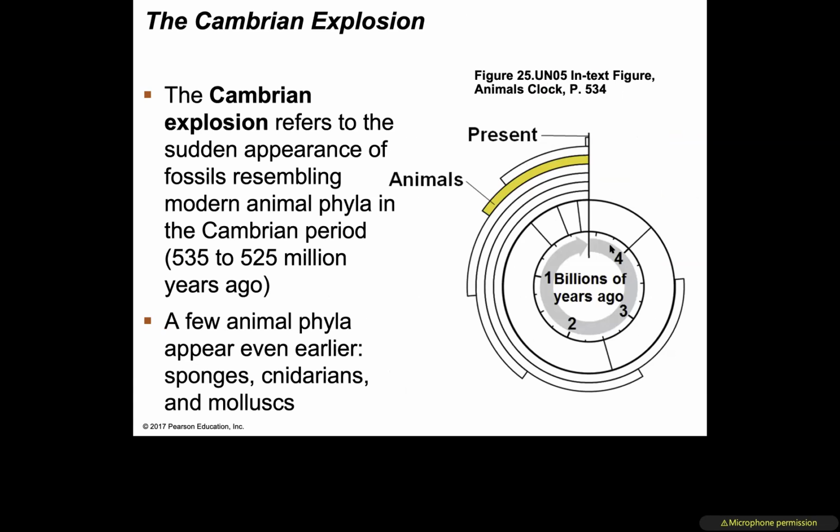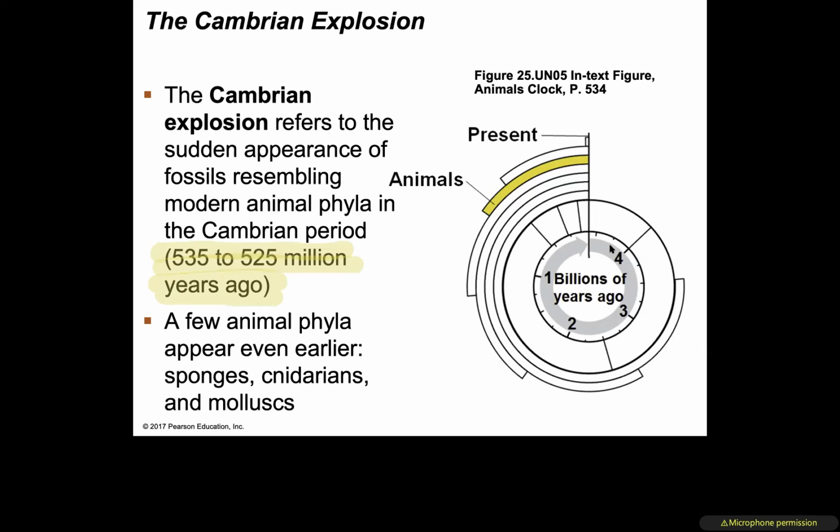Okay, so I just showed you the period of time, but I did not give you the years. So now I'm going to give you those years that are important to know: 535 to 525 million years ago. So the Cambrian explosion took place over the course of 10 million years, and that is that sudden appearance.